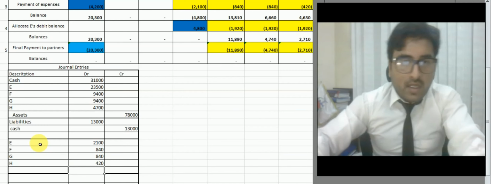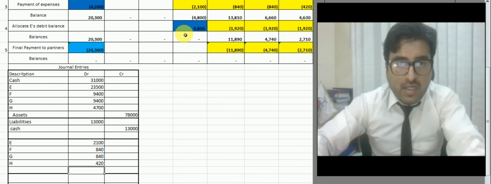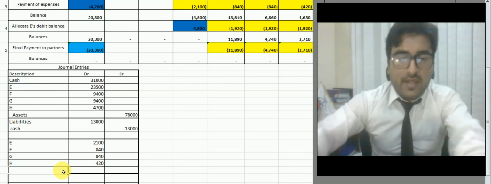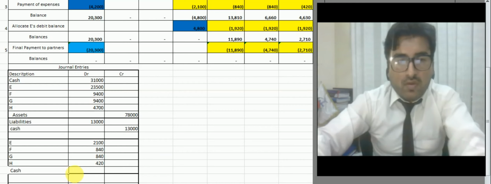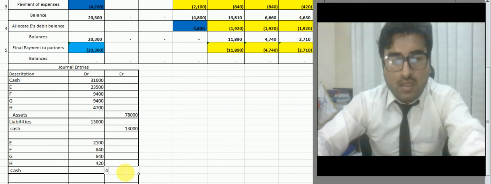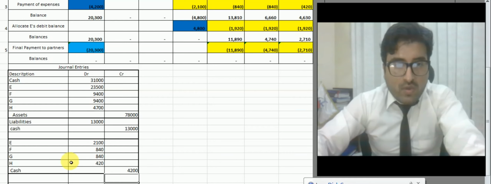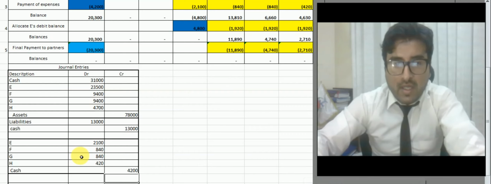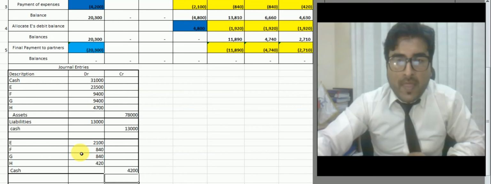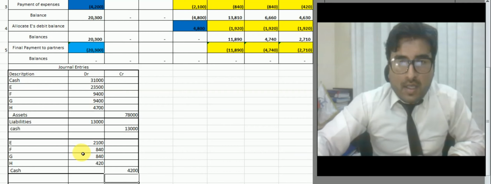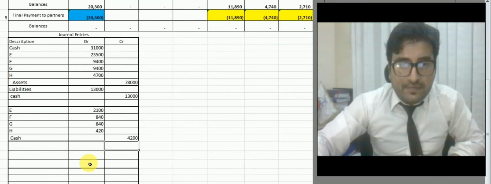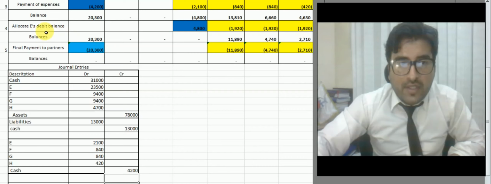And how much is cash credited here? Sorry, here that is 4,200. So credit the cash account 4,200, okay. This was about cash, E, F, G, H, so we have debited them, and cash 4,200 we have credited, okay.